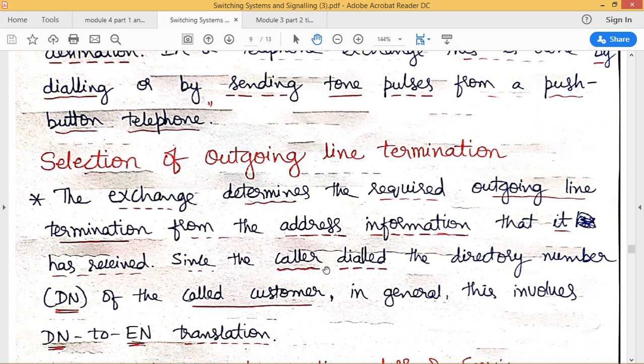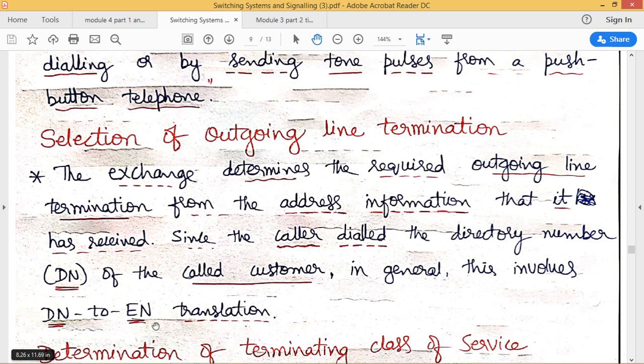Since the calling person dialed the directory number of the called customer, in general this involves directory to EN translation.